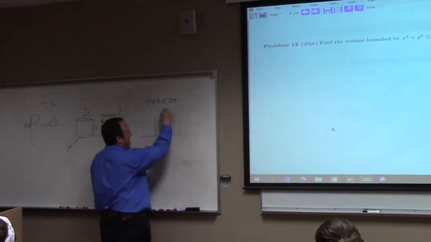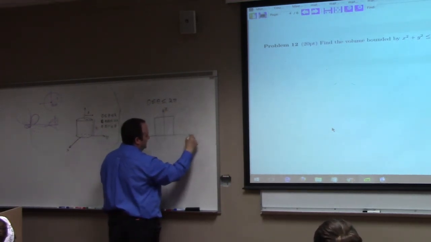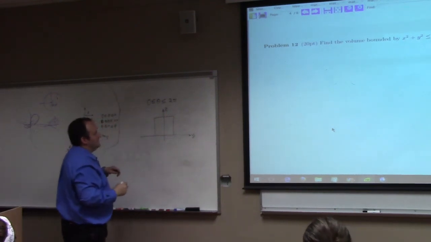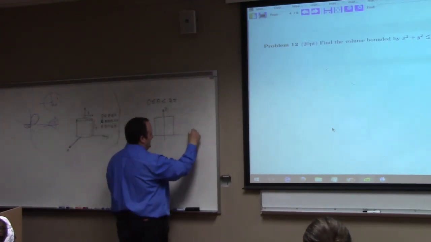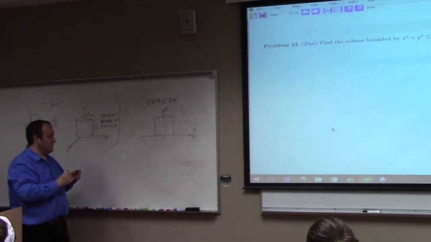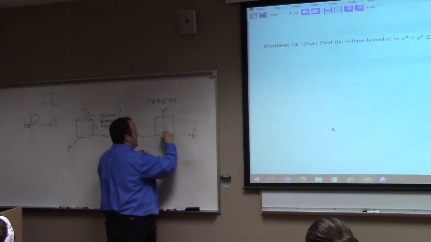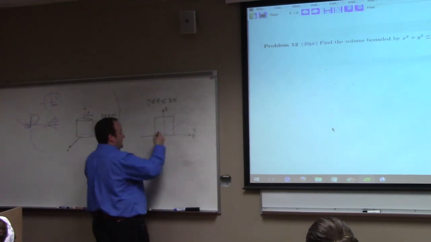If this is z, and this is y or x, whatever, there are obviously two cases: this one versus this one.